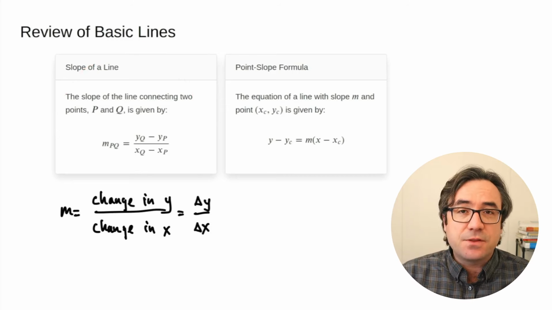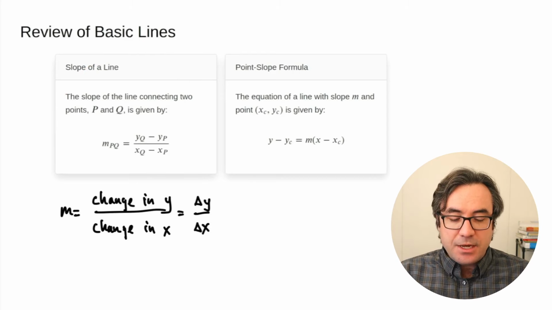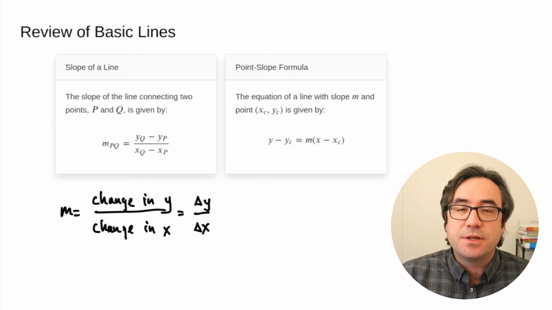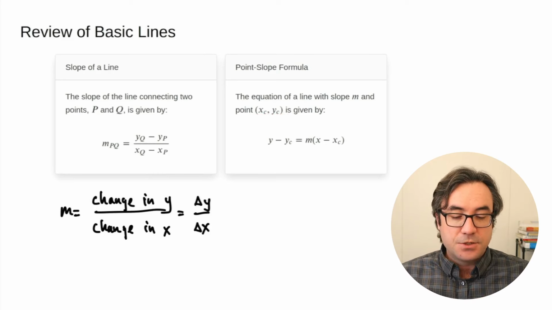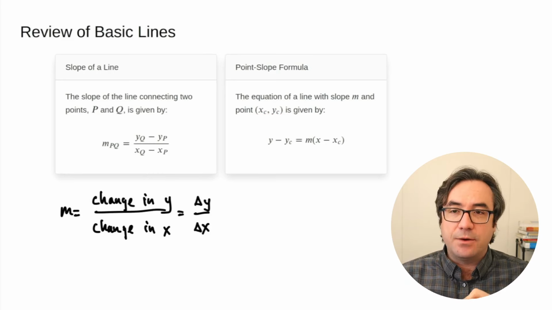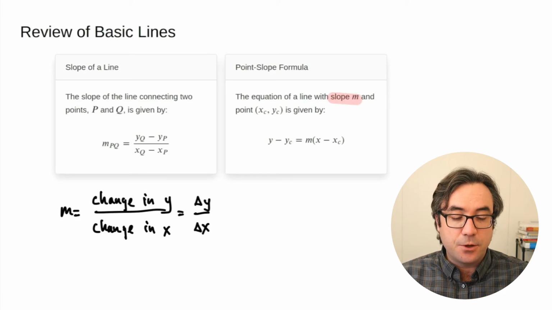Once we have the slope, then we can use one of those points to actually figure out what the equation is for our line. So in order to get the equation for a line, we need to know 2 things. We need to know the slope, and we need to know the point.